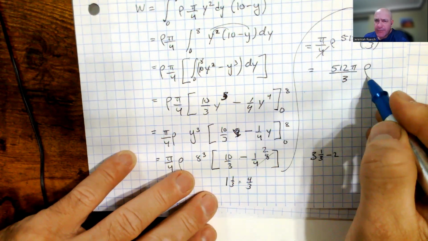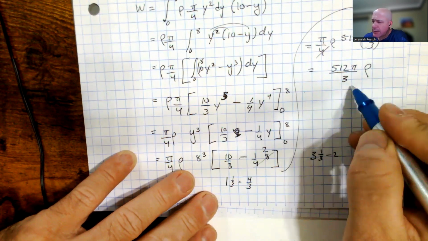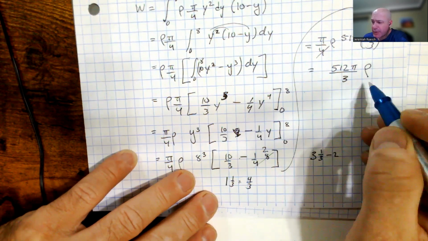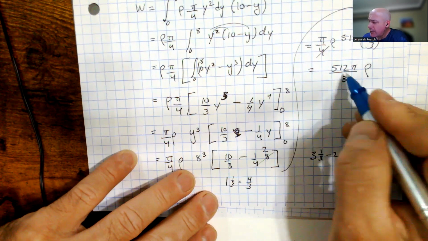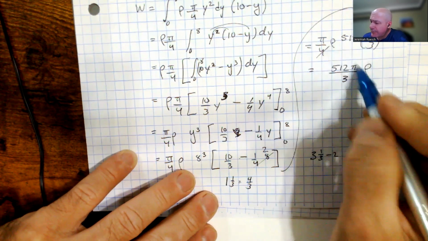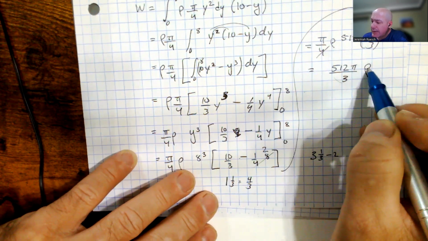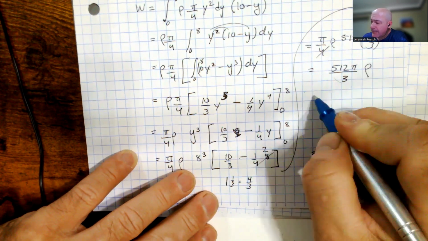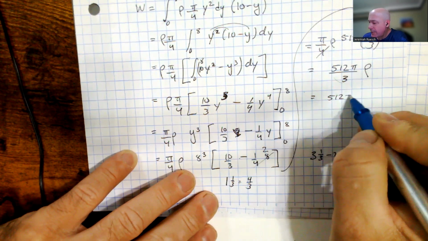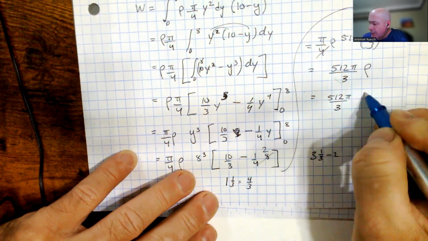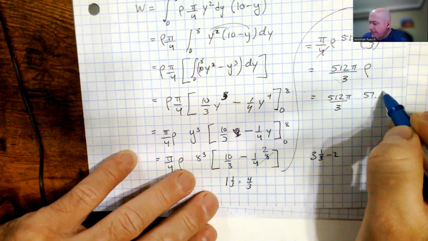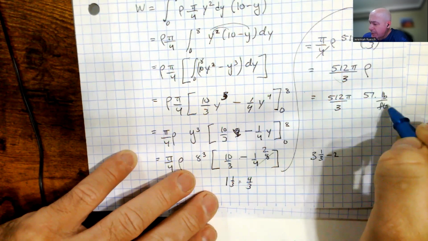And the rho for this was 57 pounds per cubic foot. So we get the volume here. This is the volume in cubic feet. We multiply that by the density, which gives us 512 pi over 3 times 57 pounds per cubic foot.